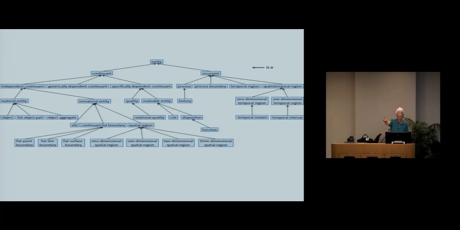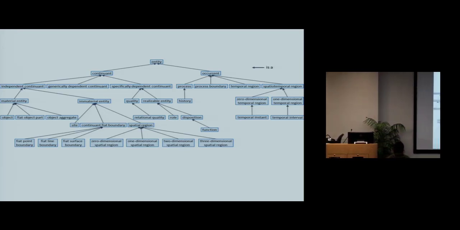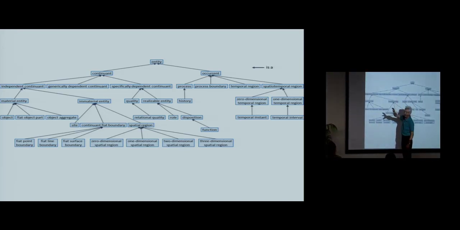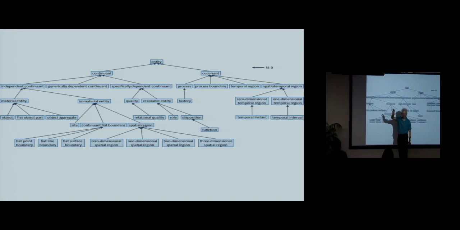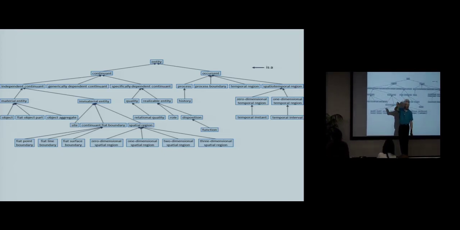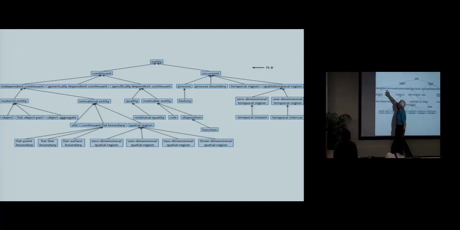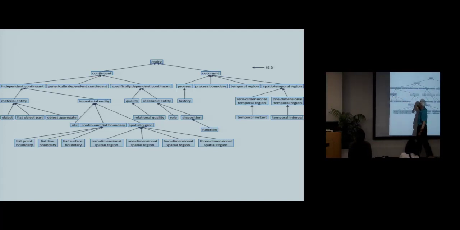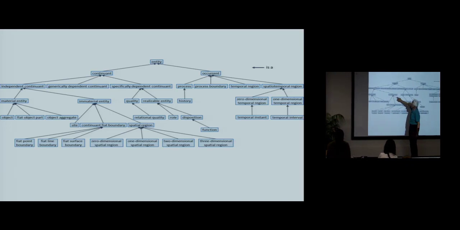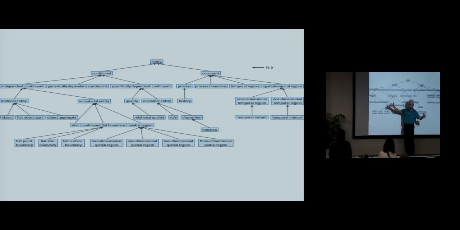One thing I will mention just for Werner's sake. So originally, well, I'll explain it in full so that everyone else can get what Werner will see as being a pleasing consequence and what you will see as just boring information. So we have independent continuants, some of which are made of matter, some of which are not made of matter. An example would be a site, like this room, for instance. The interior of this room is a place where things happen.